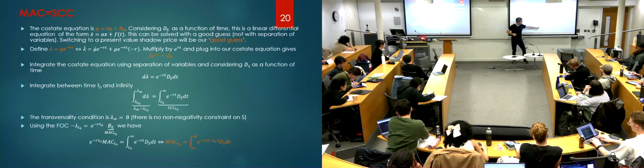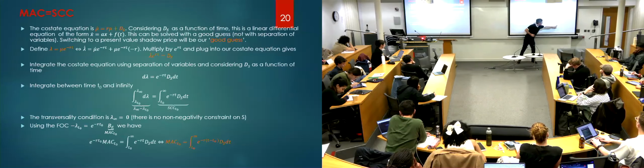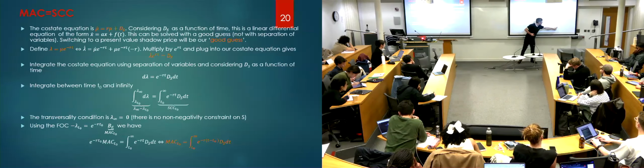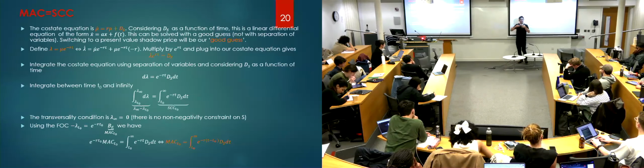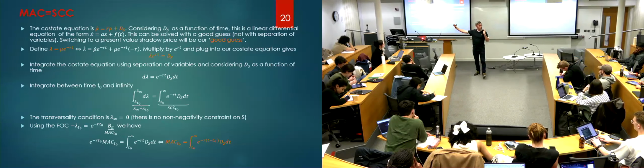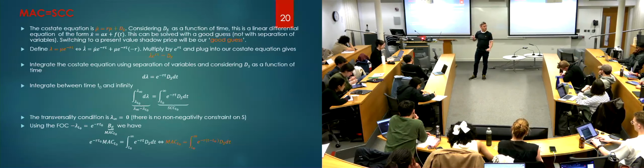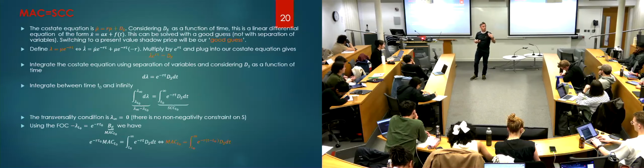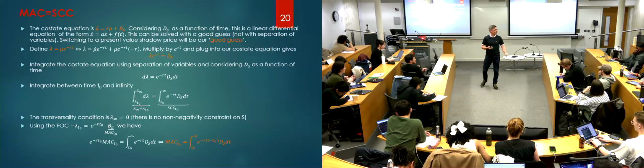So this is the optimality condition on the path. This integral is also called the social cost of carbon. It's the present value of all avoided future marginal damages from 1 ton. It's the cost of an emission, and also the benefit from avoiding an emission.